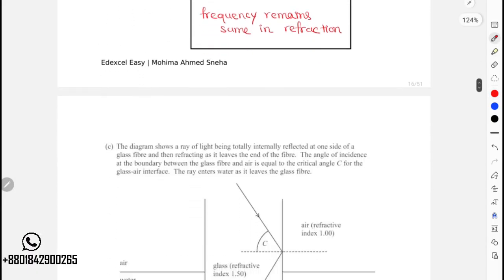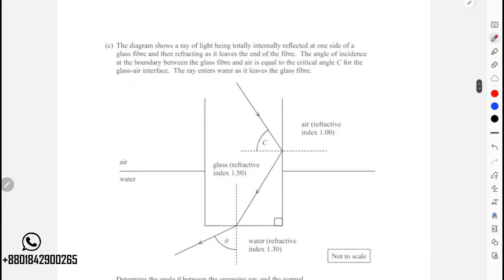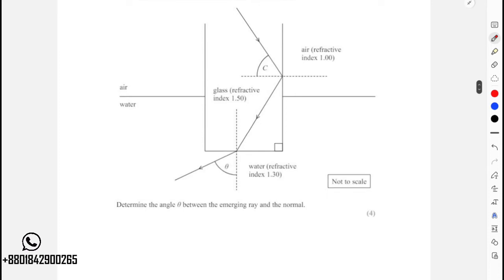Okay. After this, we have a few calculations that are basically using trigonometry, not that much excessive trigonometry, basic trigonometry. They want you to determine the value for theta between the emerging ray and the normal. Glass refractive index is 1.5 and water refractive index is 1.3.